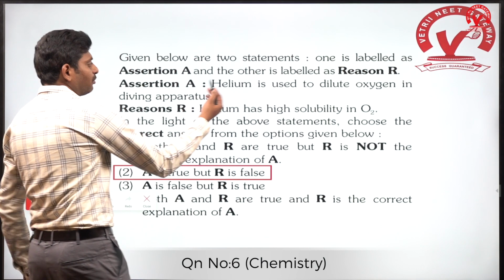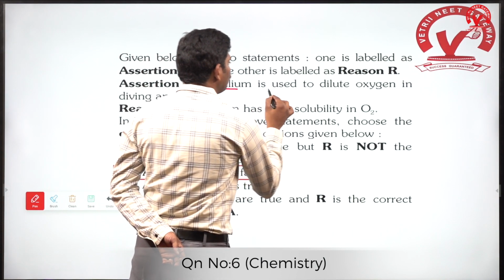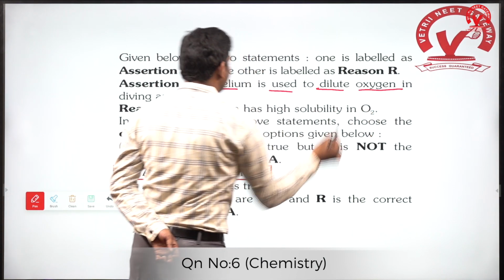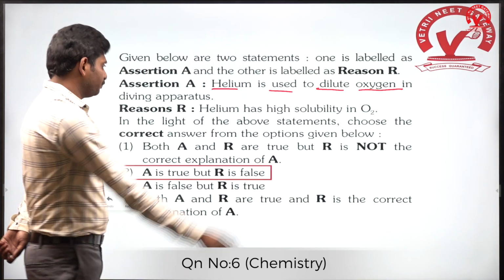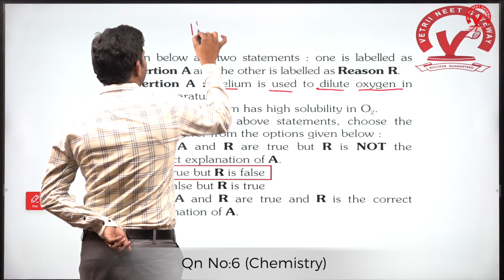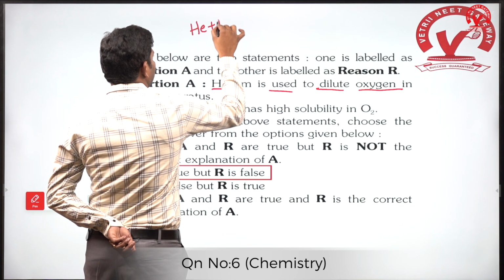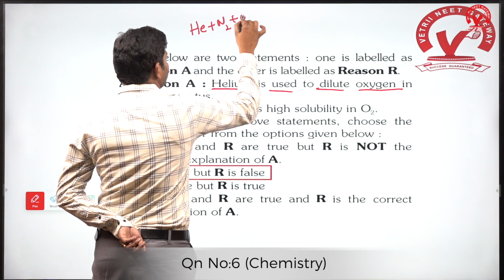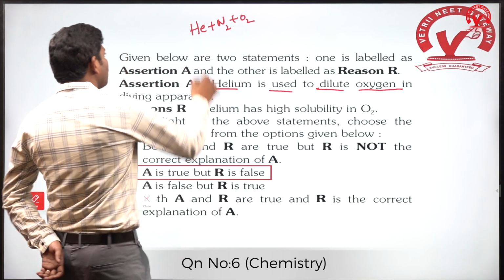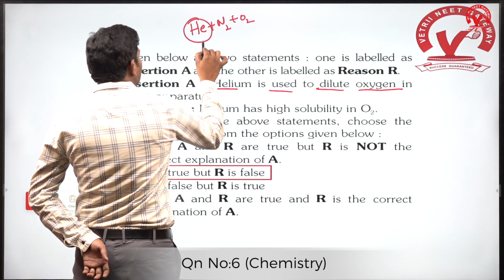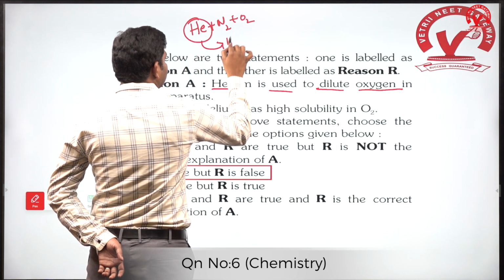Next question: helium is used to dilute oxygen in diving apparatus. Yes, correct. Helium gas is mixed with oxygen gas in diving apparatus for scuba divers. Why? Because helium gas is less soluble in the blood.